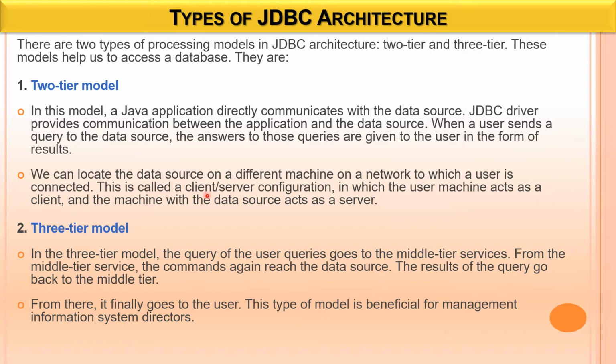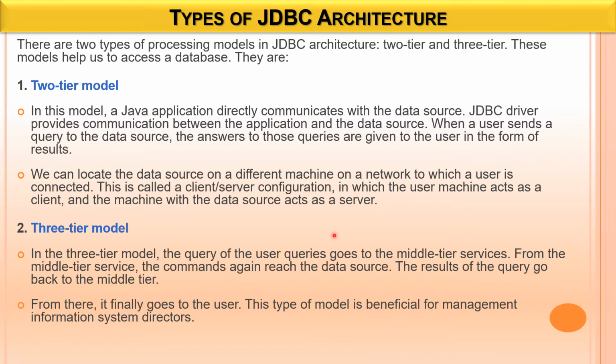So we can locate these data sources on different machines on the network to which a user is connected. This is called a client server configuration, in which the user's machine acts as a client and the machine with that data source will act as a server. So that data source will reside somewhere on another machine, which is called a server.